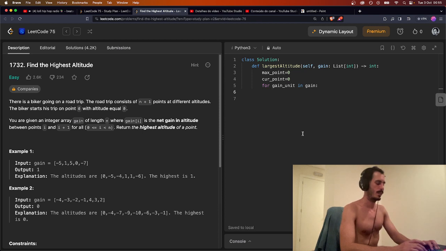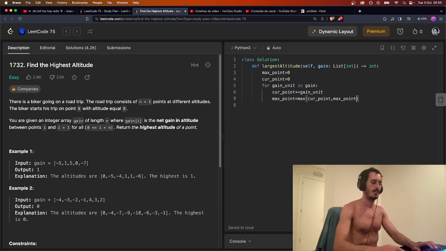For gain unit in gain, current point plus equals gain unit, and we check about max point. Max point is now the maximum value between current point and maximum point. And we just reach the end and we return max point.